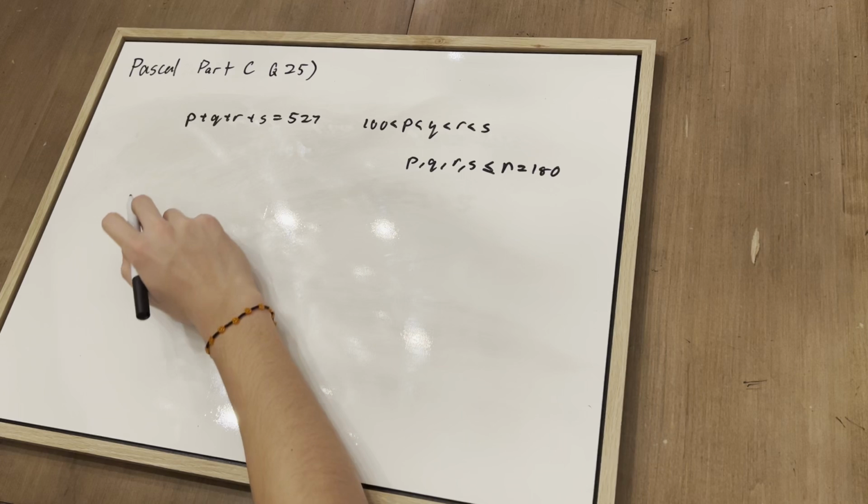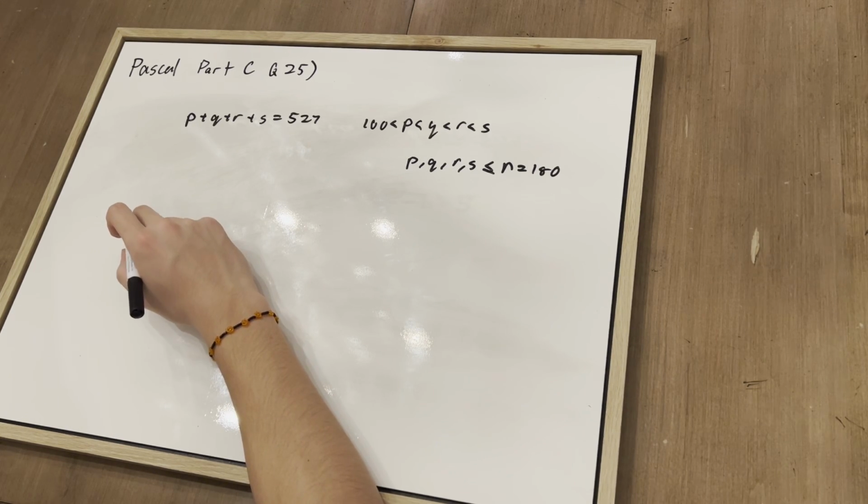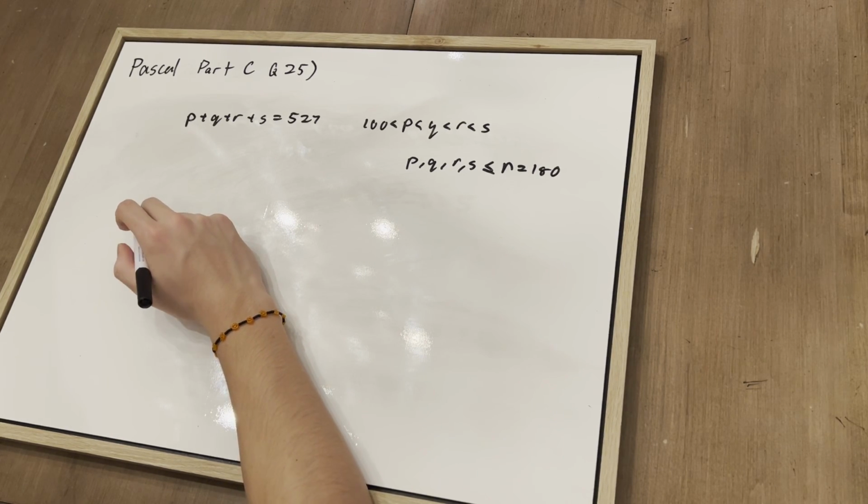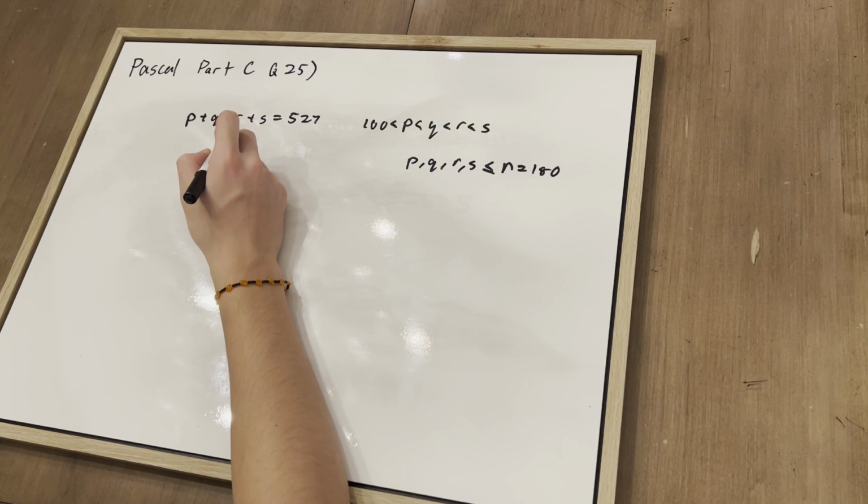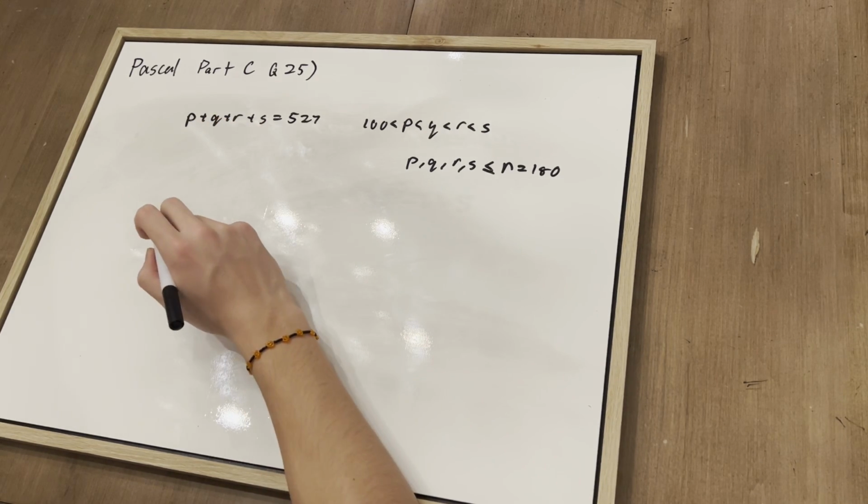We know that 3 of these integers must be consecutive. So either PQR is consecutive or QRS is consecutive.